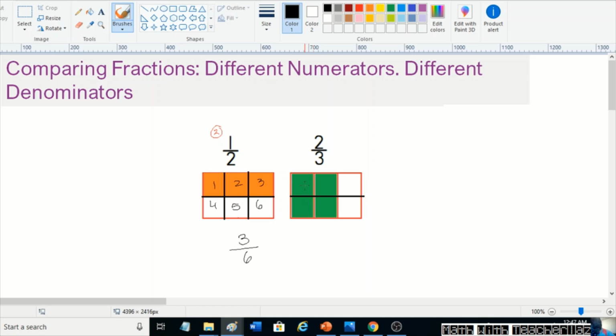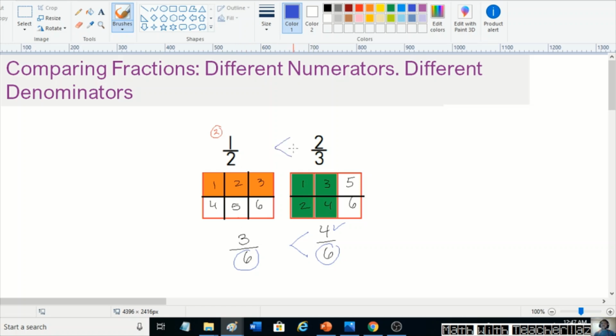And 2/3 became 1, 2, 3, 4, 5, 6. It became 4 6s. Now it's easy to compare. My denominators are the same, so that means the fraction with the greatest numerator, which is this one, is the greatest. So that means that 3/6 or 1/2 is less than 2/3.